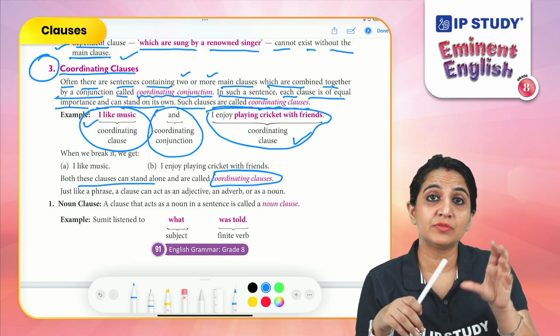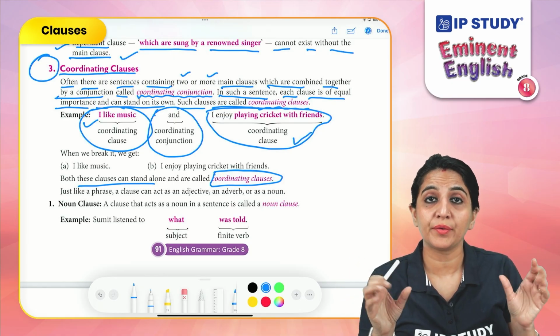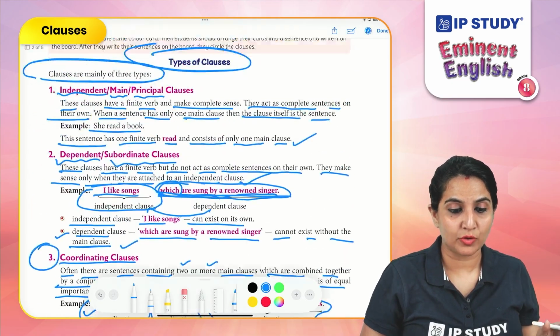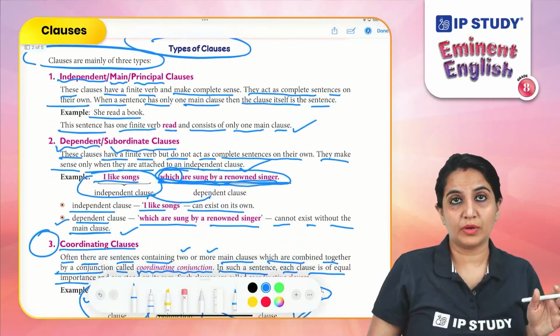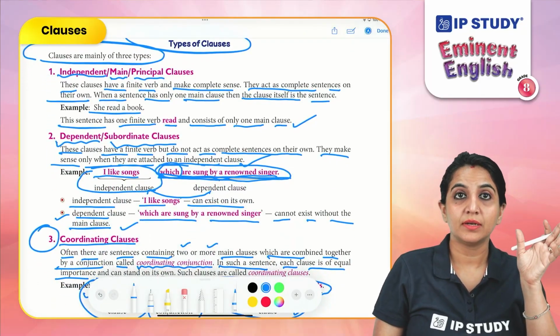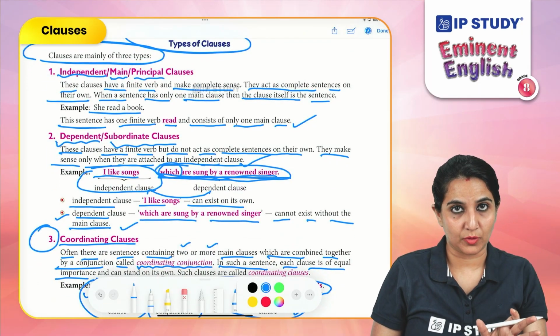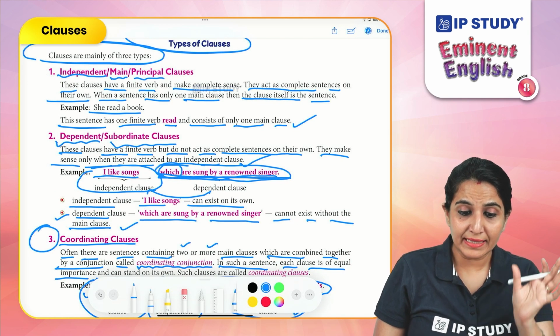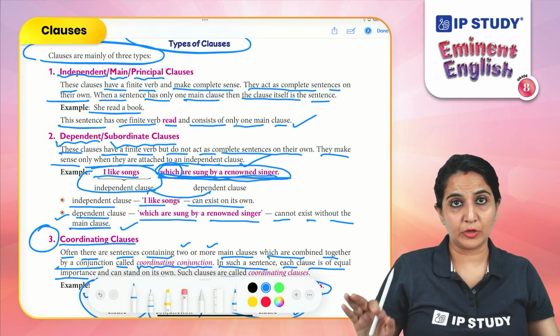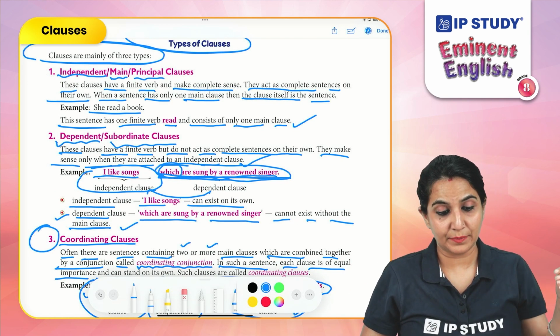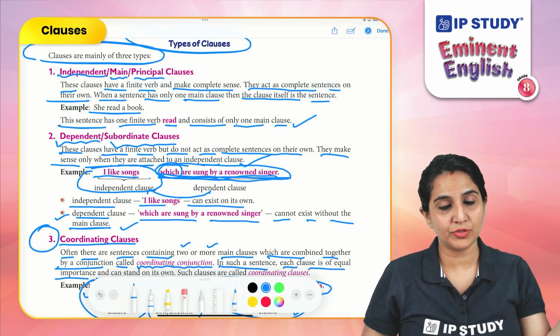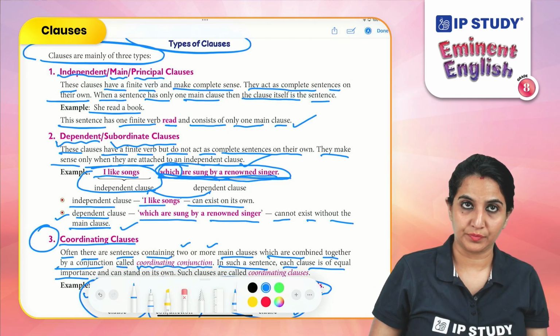So, the clauses which have their meanings on their own. The three types of clauses that we did: the first one was the independent clause, main clause or principal clause. Right? That means it has a finite verb and makes complete sense, a sentence on its own, like she read a book.